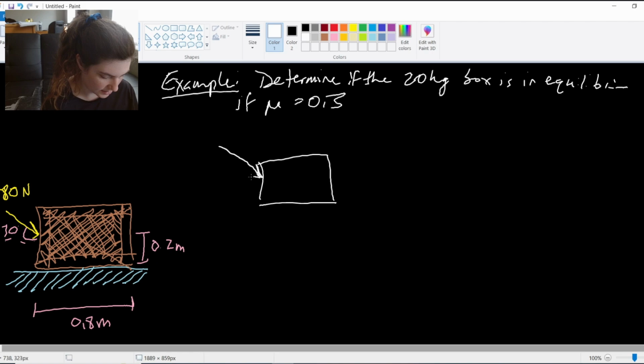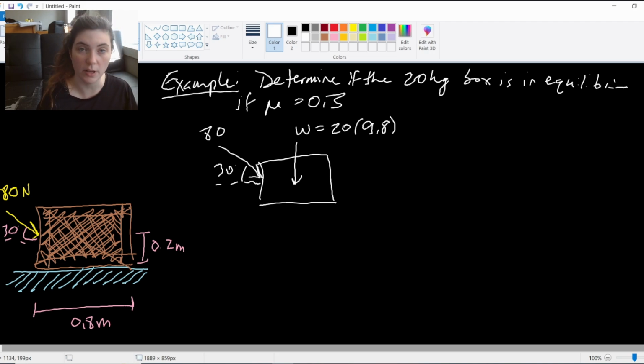I have this 80 Newton applied force that's acting at a 30-degree angle on my box. Then I have the weight of the box acting at the very center, where it gave me the mass is 20 kilograms, so I multiply by 9.8 to get the force value of my weight.